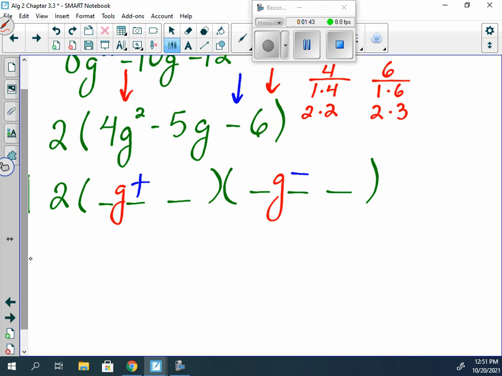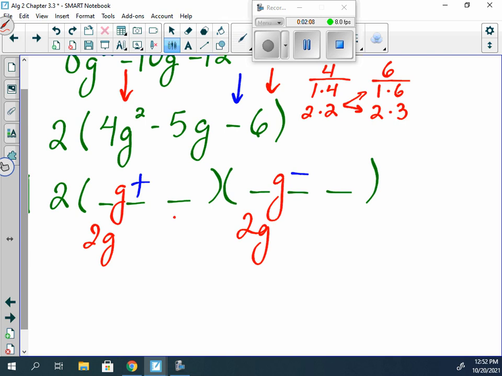Now since we've removed all the greatest common factors already, that means inside these 2 parentheses there cannot be any common factors. So if we look at 2 and 2, well, with 2 and 2, and 1 and 6 or 2 and 3, in either way we set it up, there will be a common factor of 2. As if I put 2g and 2g, I'll write it below.